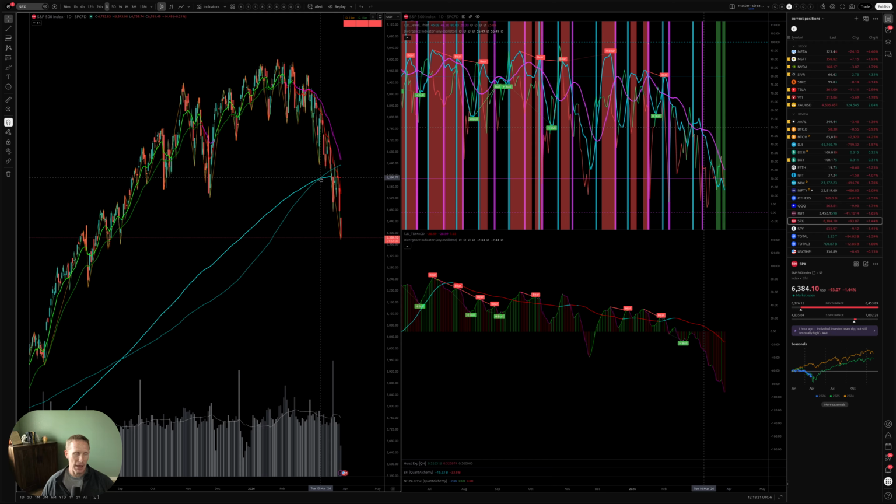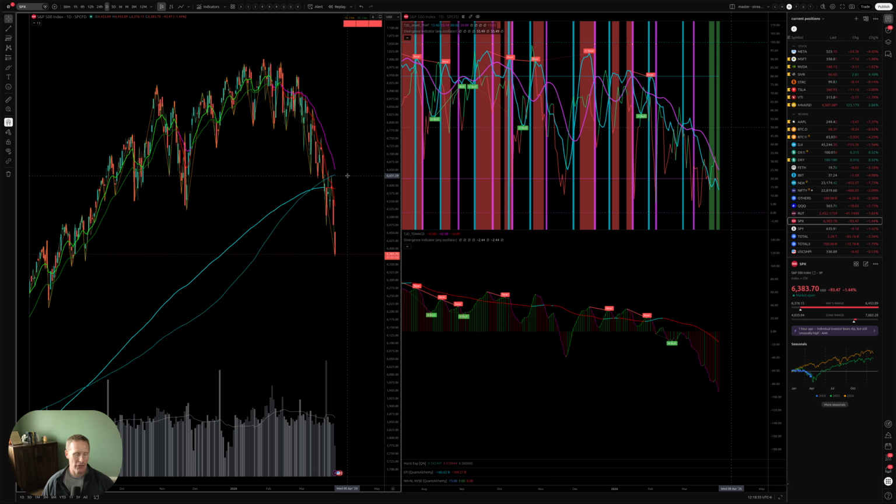The EMAs are now crossed to the bearish side, and the 200s, the SMA and the EMA, are crossed to the bearish side. The 200 EMA did turn red, so really the only nail in the coffin left is for the 200 SMA to slope down, and then it's full on bearish.